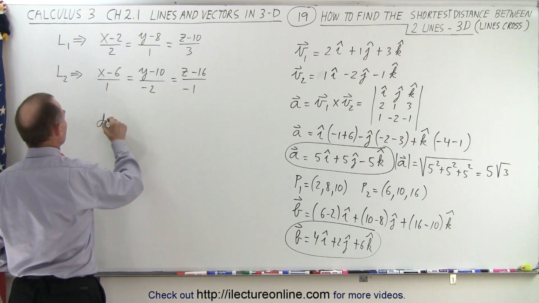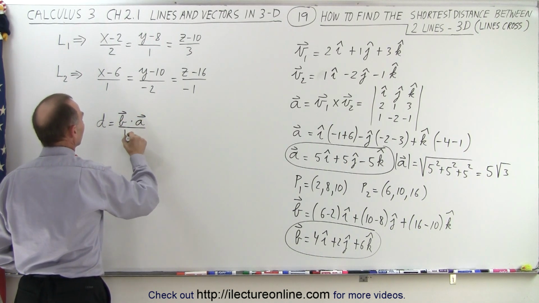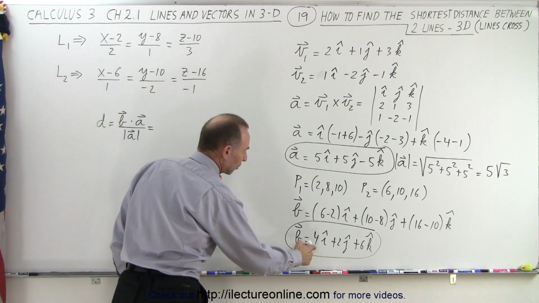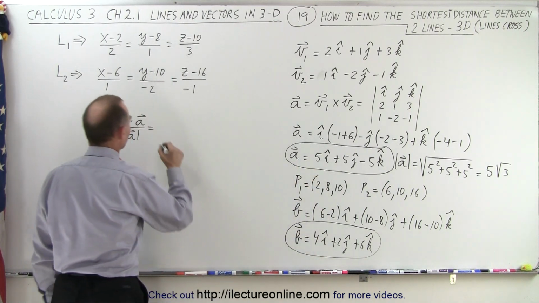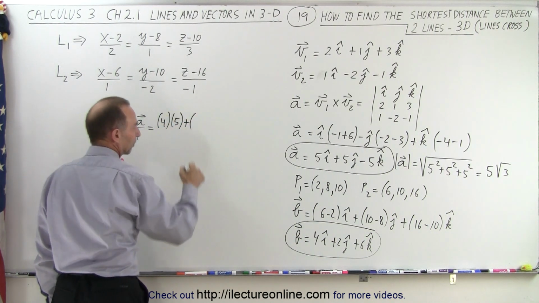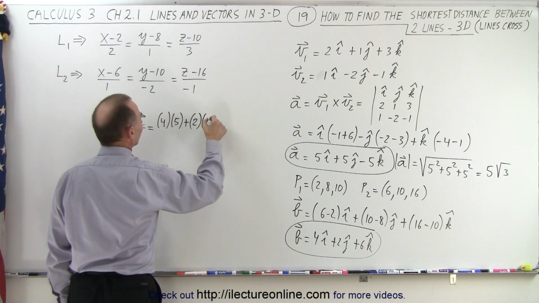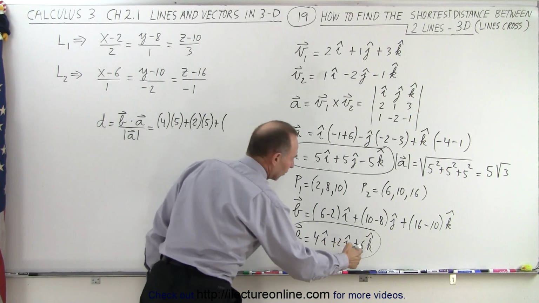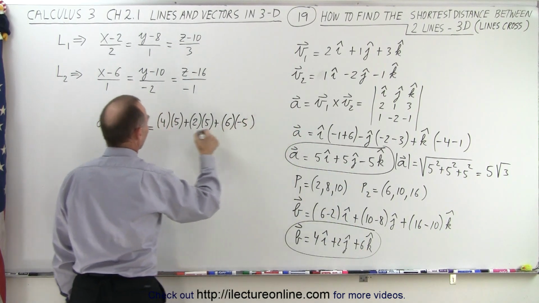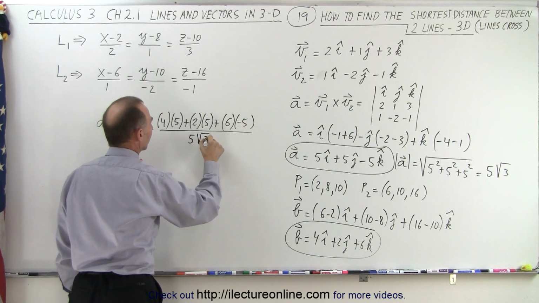So let's try. D is equal to B dot A divided by the magnitude of A. All right, so we're going to multiply each component, x component of B times x component of A. So that's going to be 4 times 5 plus the y component times the y component, 2 times 5 plus z component times z component, 6 times a negative 5, the whole thing divided by the magnitude of A, which is 5 times the square root of 3.